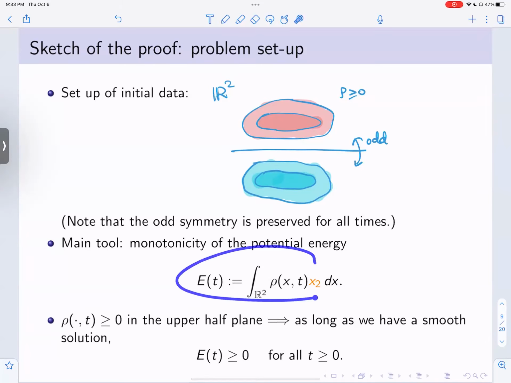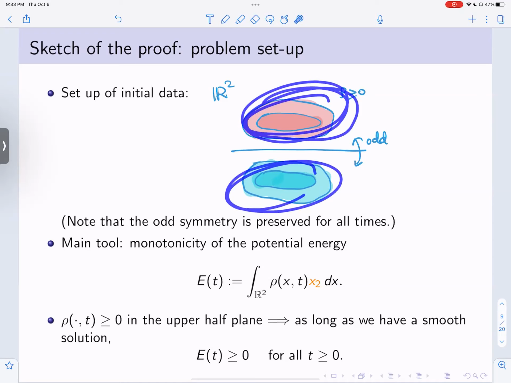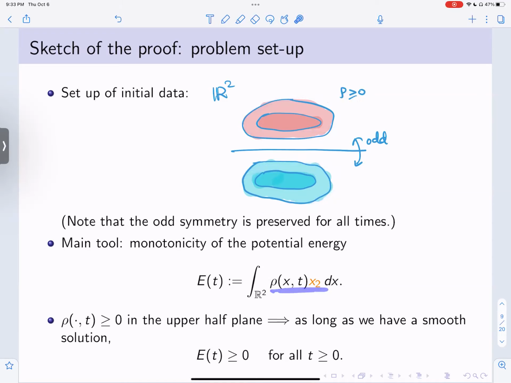So here for the initial data, notice that rho is non-negative here, non-positive here. So rho times x2 itself is the product of two odd functions, so this thing itself is even. And rho will always be bigger than 0 in the upper half plane, because this horizontal line will always have a vertical velocity equal to 0.